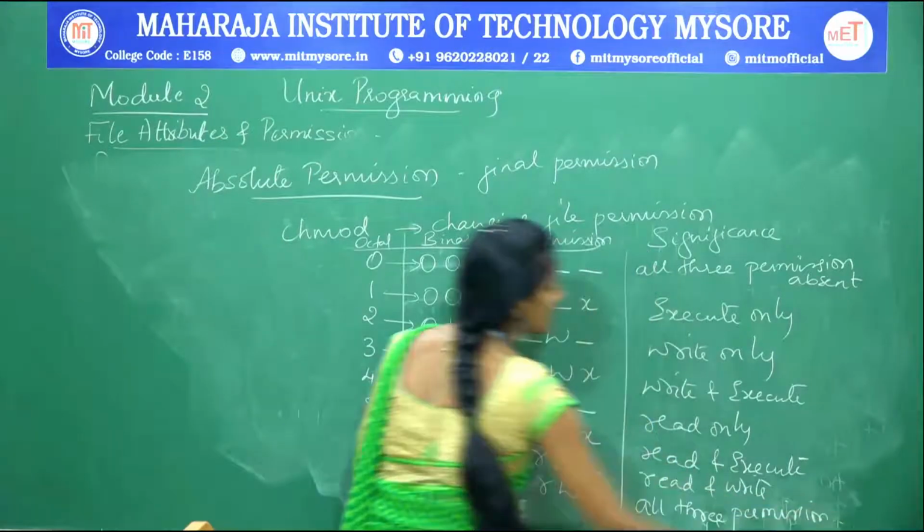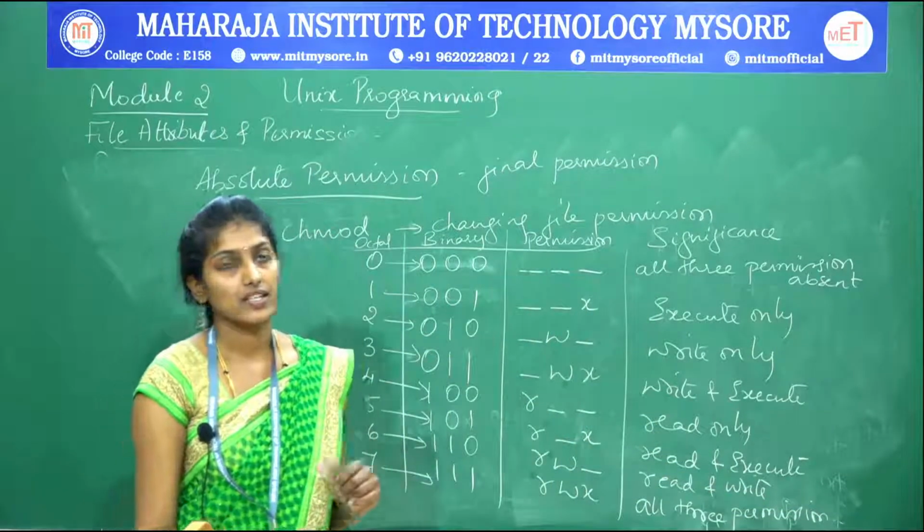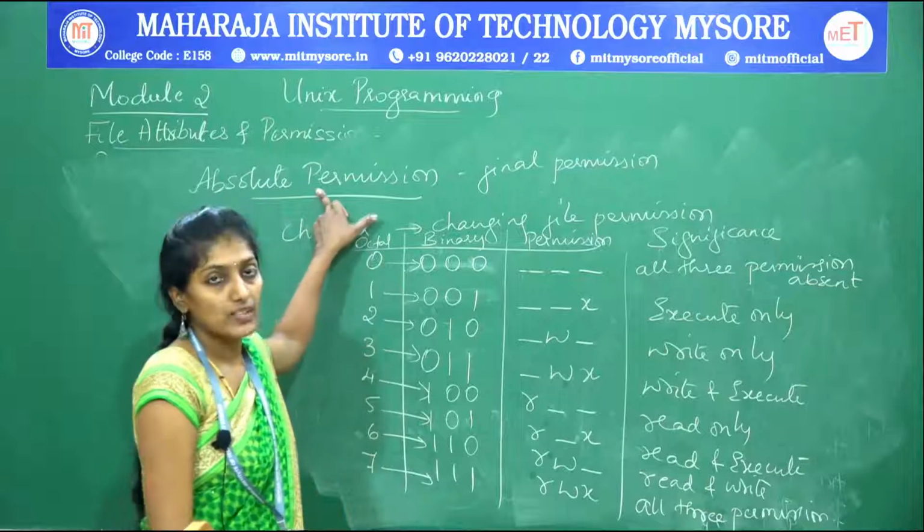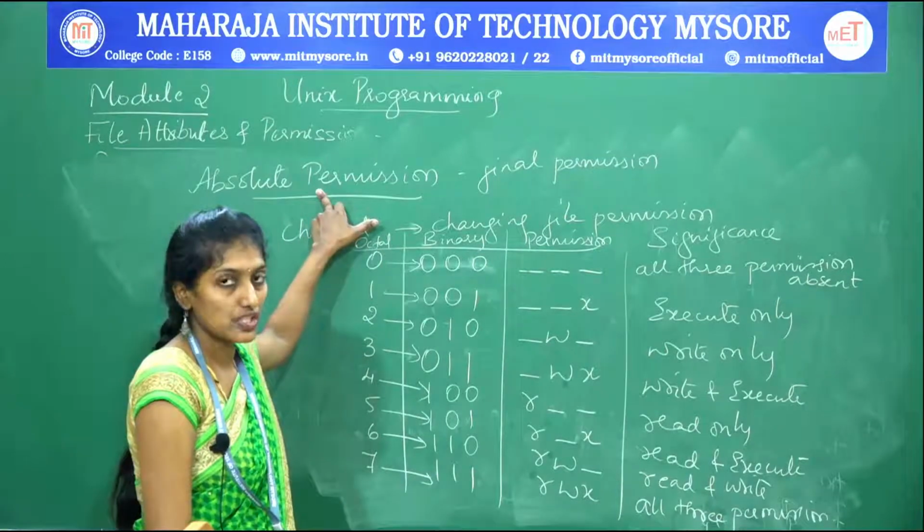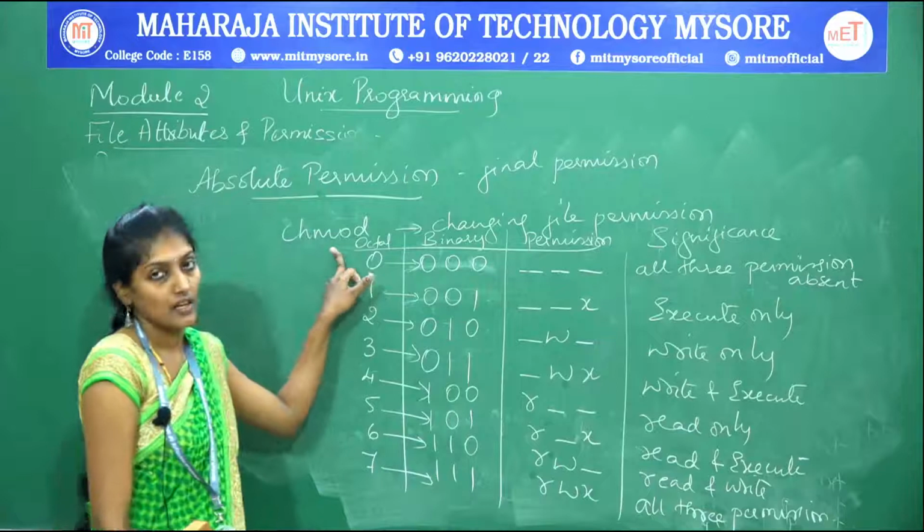By using these octal digit values, you represent the file permission using the absolute permission with the chmod command.